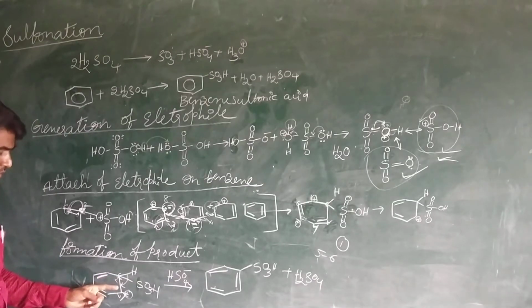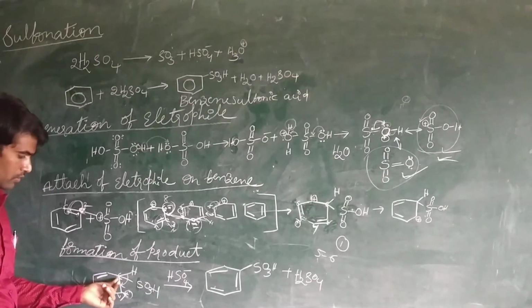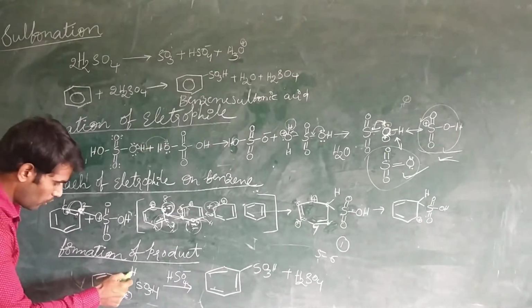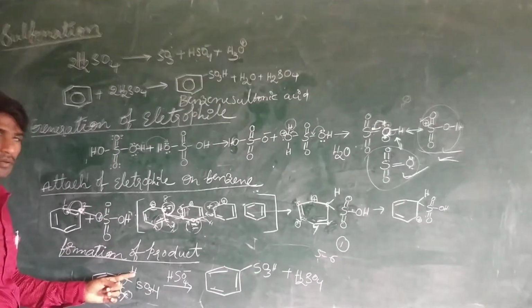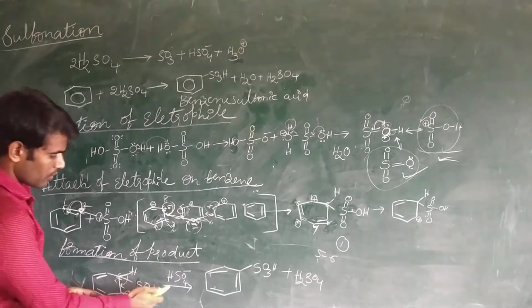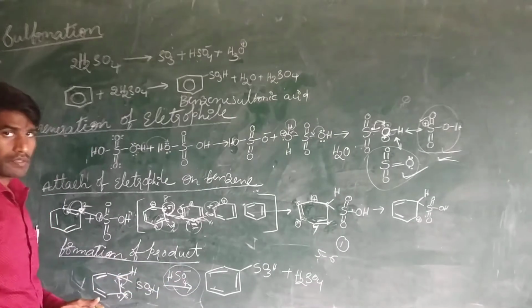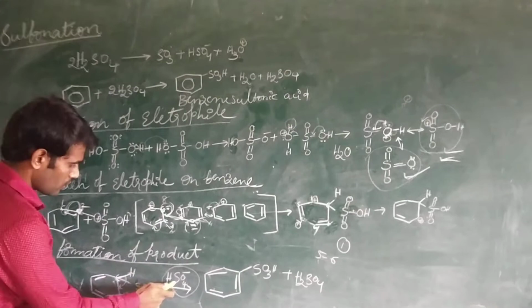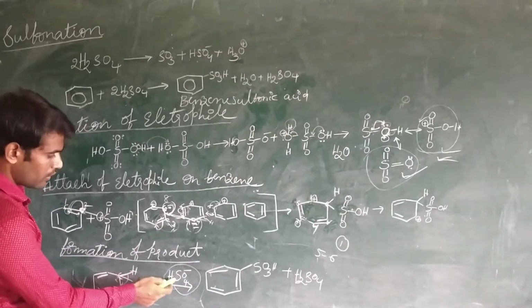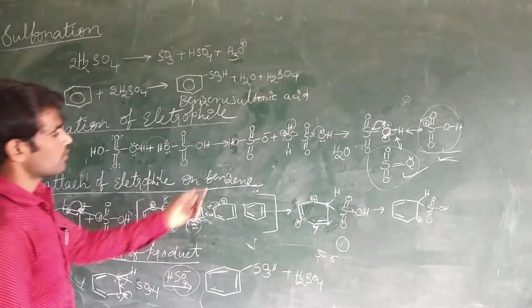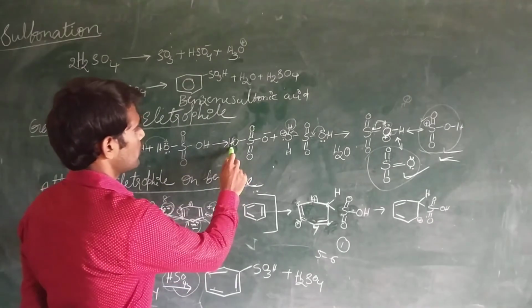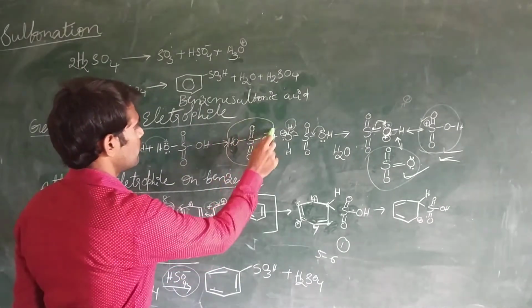So there is a double bond, whatever the electrons. This is the bond dissociation that takes place between the carbon and hydrogen. Why? Because there is a base. This base pulls this hydrogen atom. Already we have HSO4 minus, yes or no? HSO4 minus, this is an intermediate.